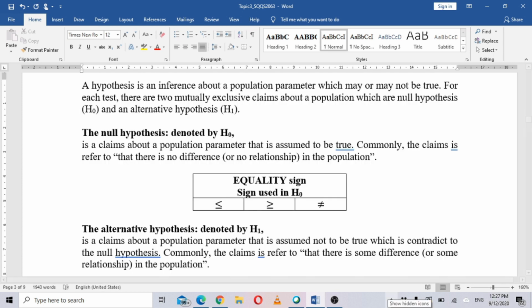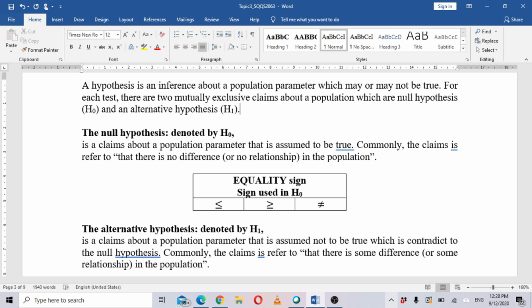A hypothesis is an inference about a population parameter which may or may not be true. For each test, there are 2 mutually exclusive claims about a population, which are the null hypothesis H0 and the alternative hypothesis H1. The null hypothesis, denoted by H0, is a claim about a population parameter that is assumed to be true.